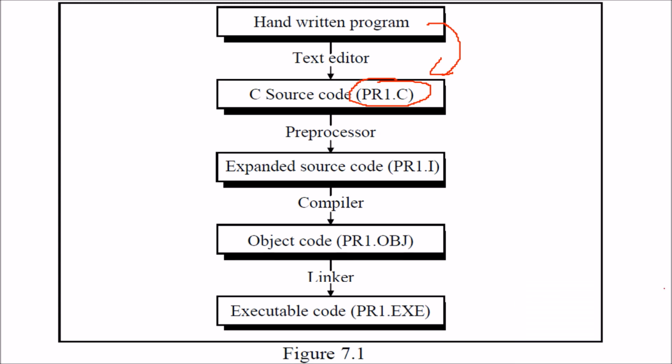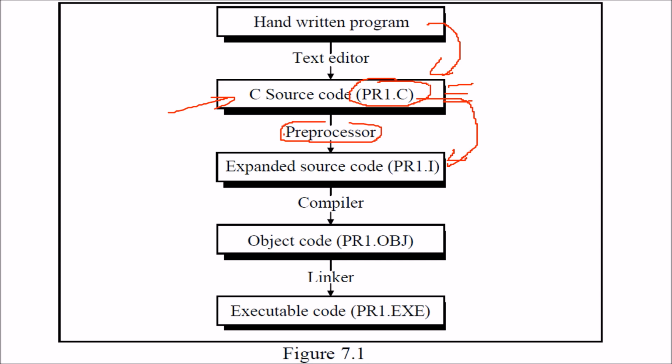Now, after this, there is a preprocessor which works on this C source code. I'll talk about this preprocessor, what all directives you have in this program. The preprocessor acts on this pr1.c. It will expand the source, because preprocessing is simply taking out the content of the directive and putting it inside the program.